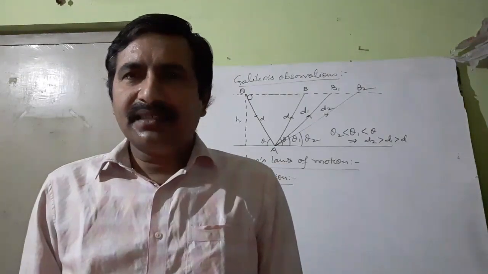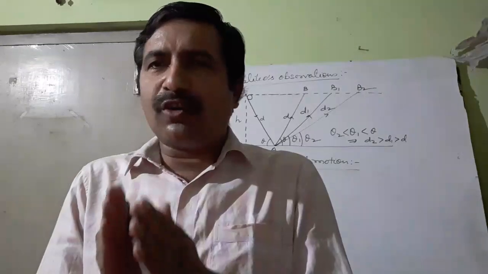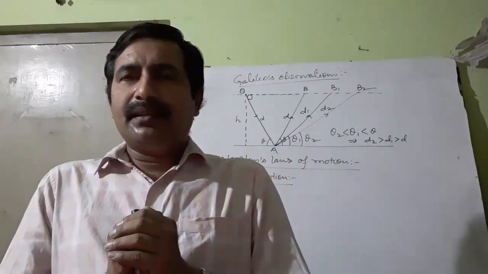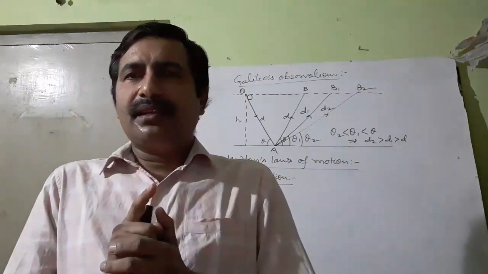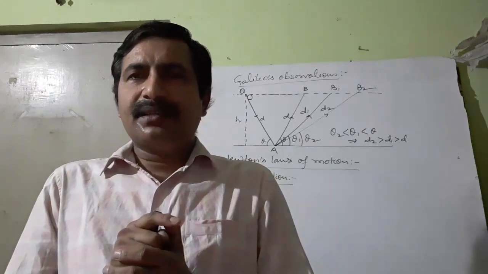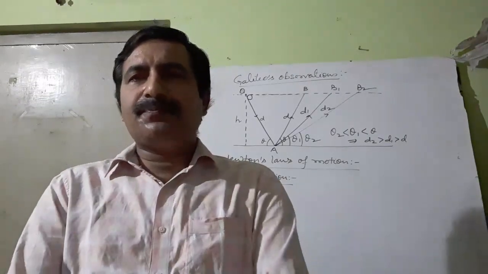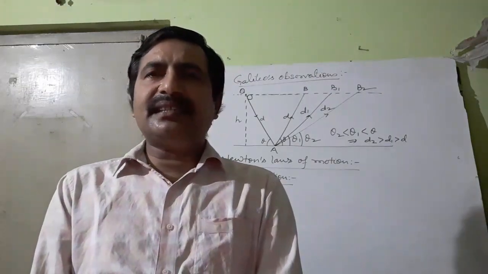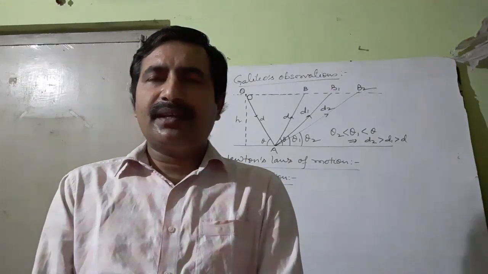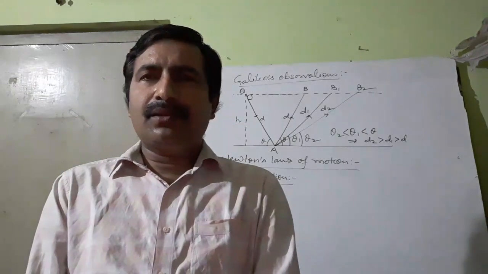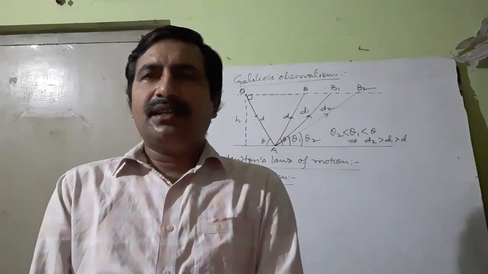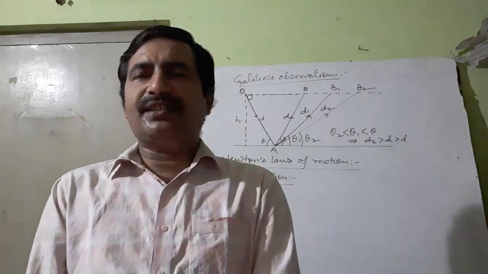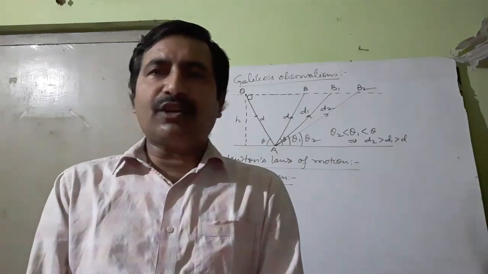Have you understood? You can write the first law of motion now. Every body continues its present state of rest or of uniform motion unless an external force is applied on the body to change its state. This is the law of motion.